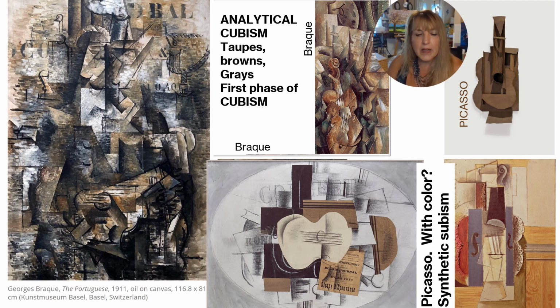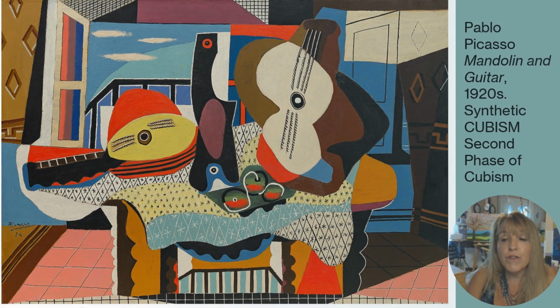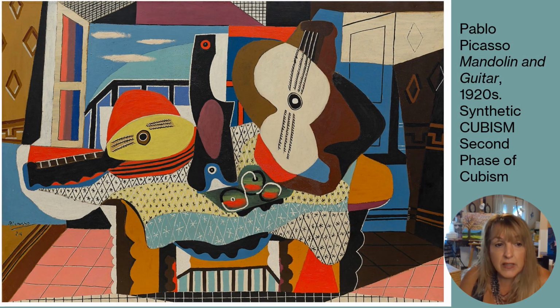And then it moves into synthetic Cubism. And so synthetic Cubism has some color. So that's one of the main differences of synthetic Cubism. This is an example of a synthetic Cubist work here.